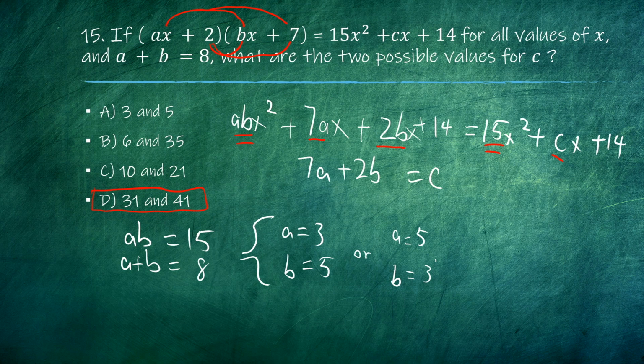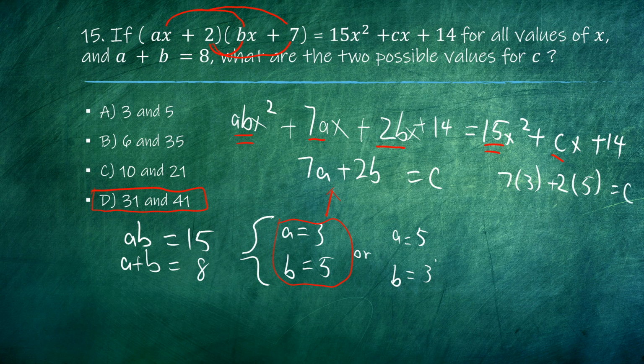So let's choose the first one, and let's plug that in. So now we have 7 times 3, which is what we set as a, plus 2 times 5, and this is equal to c.